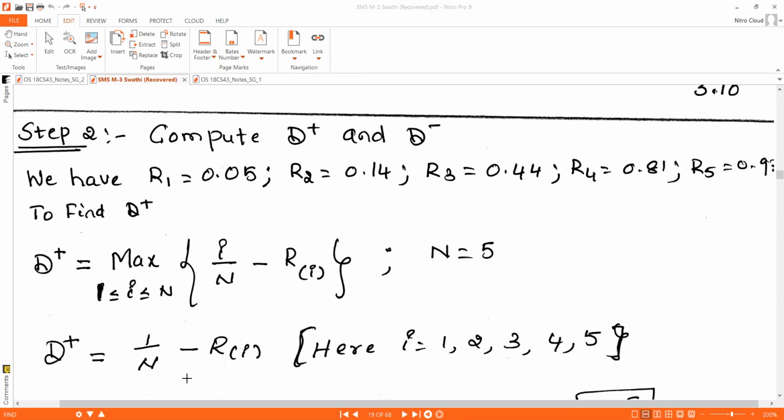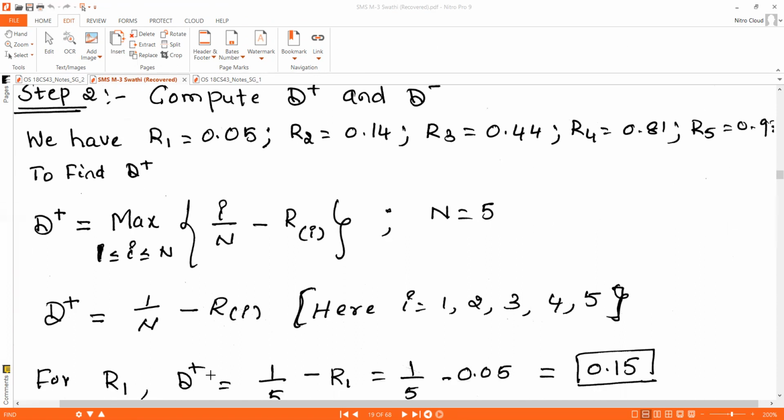First we will find the D plus value for R1. When the i value is equal to 1, in place of i we substitute 1. That is 1 divided by N minus R1.